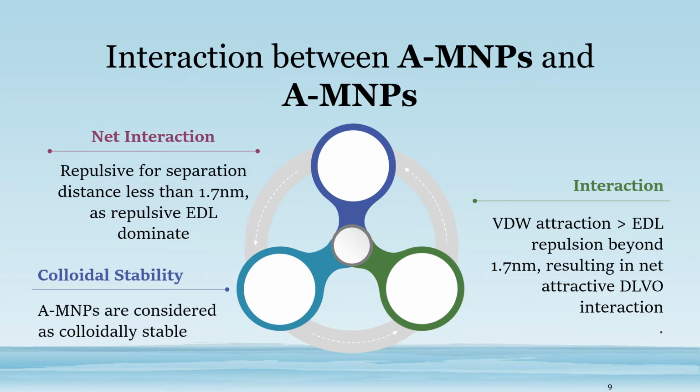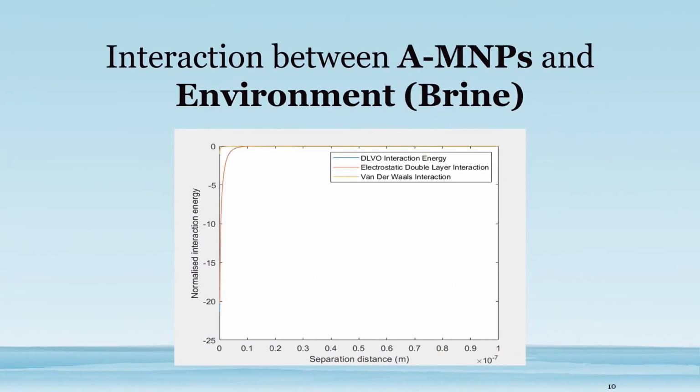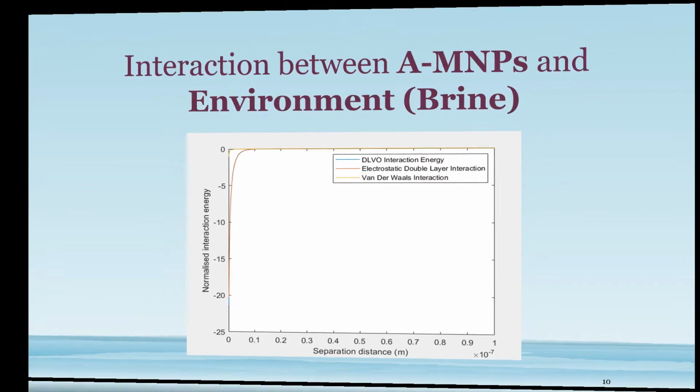The overlapping of electrostatic double layers from both positively charged ANNPs causes them to repel each other. Due to the net repulsive DLVO interaction, when the separation distance is less than 1.7 nanometers, the ANNPs are considered to be colloidally stable.